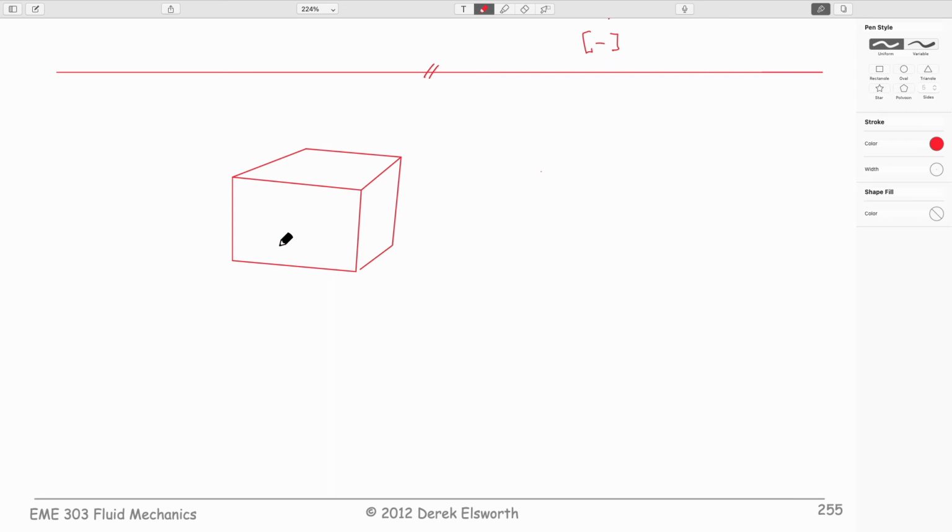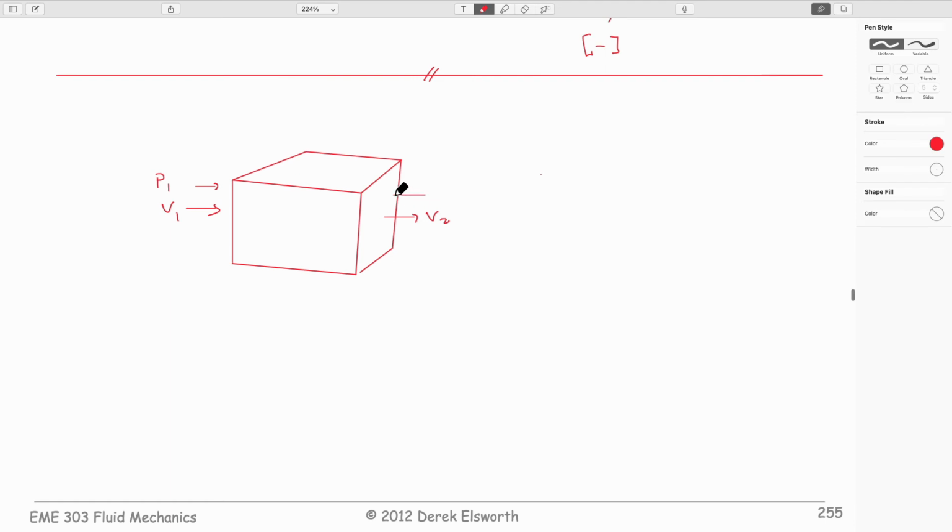But we can do a force balance where we have a velocity 1 and a velocity 2, and we have a pressure 1 and a pressure 2. Pressure would be acting in this direction, right, as we know.